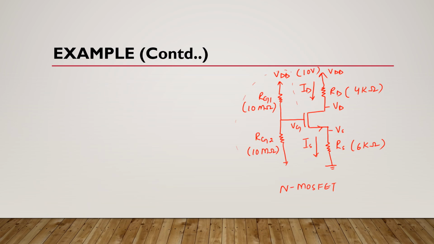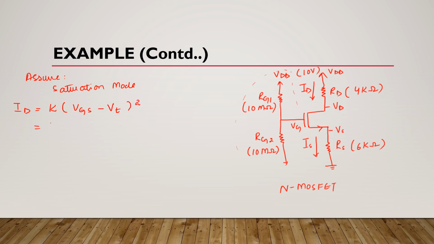Now here we assume that this transistor is in saturation mode. We know that the equation of drain current for saturation mode is ID is equal to K times gate to source voltage minus threshold voltage whole square.